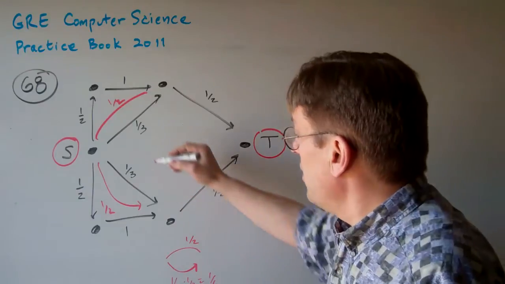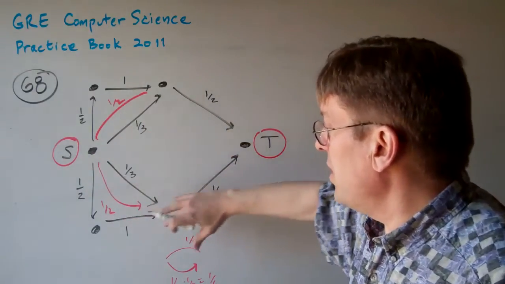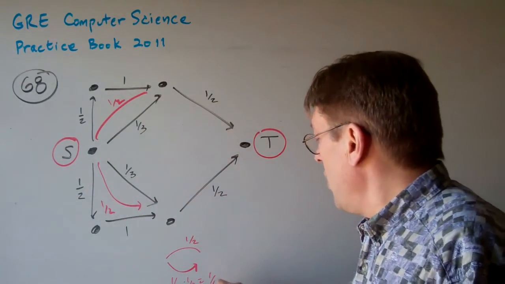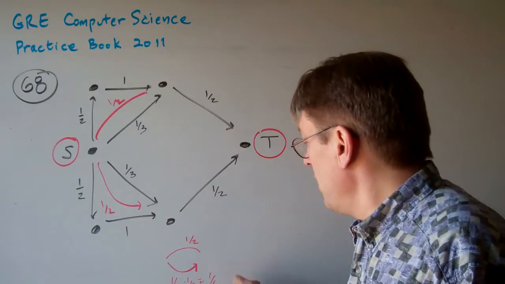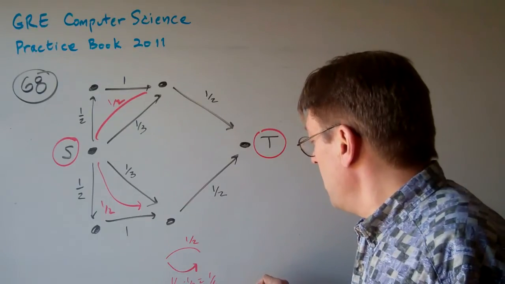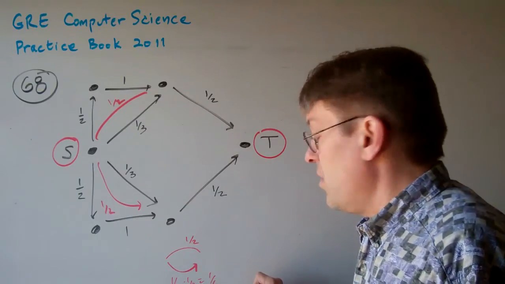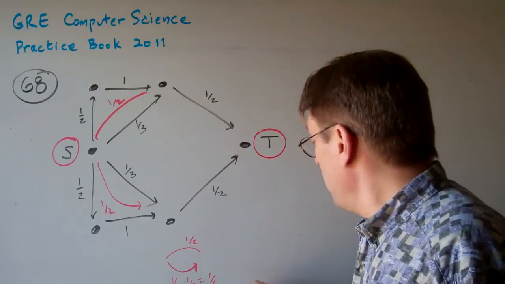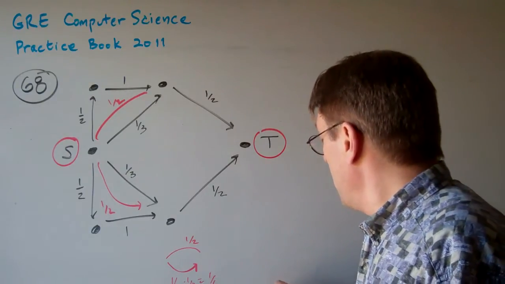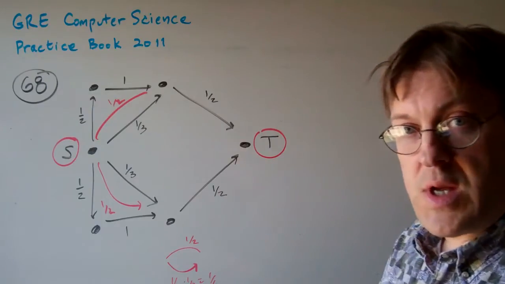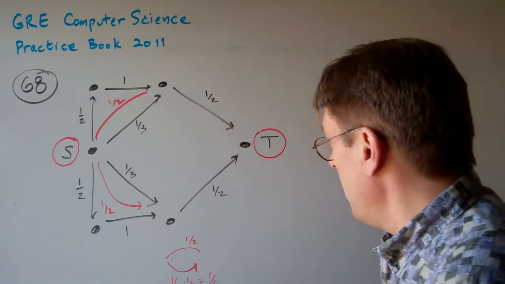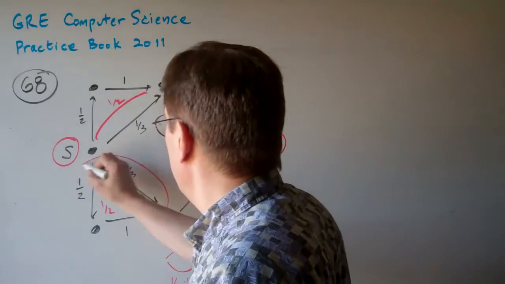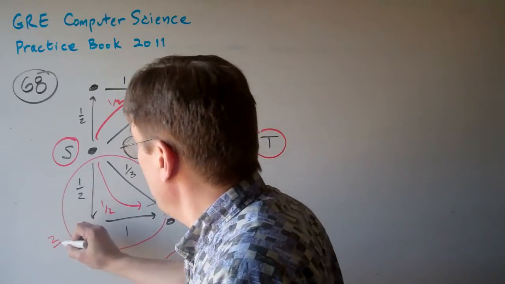So the total time that both of these links are working is going to be 1/2 plus 1/6, which equals 3/6 plus 1/6, which is 4/6, which equals 2/3. So the entire link between these two here is 2/3.